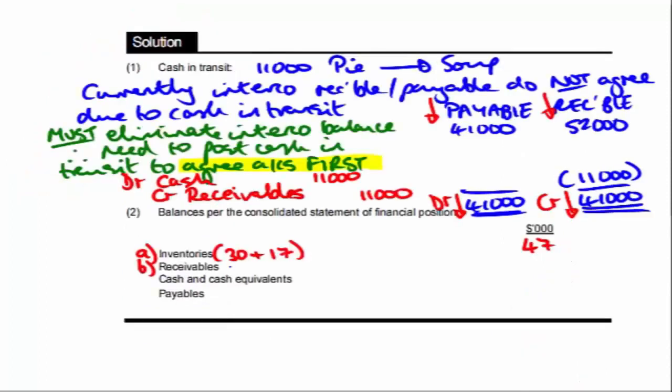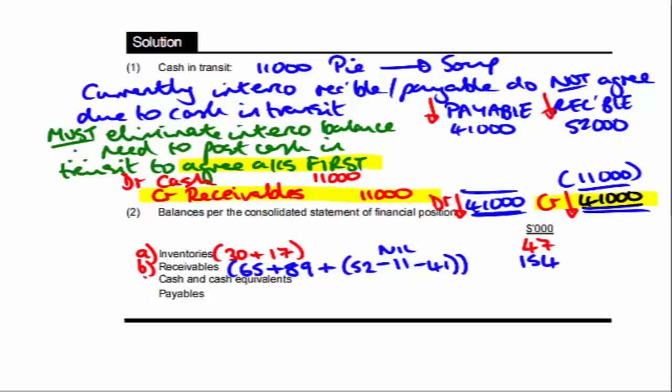So our receivables would be 65 plus 89, those are all external, and then if we look at what's happened to that 52, that would have been in there originally, so 52, but we've then posted a credit to receivables to do with the cash in transit, so we would have taken 11 off, and then posted a second credit to receivables to get rid of the intergroup element, so then taken off 41, and leaving that effectively cancelled out of the group accounts. So that would then turn to 0, and we would be left with the external balances only. So the receivables will be 154.